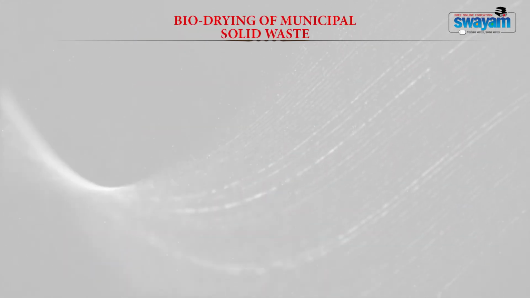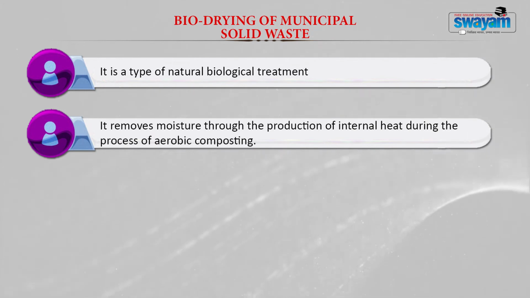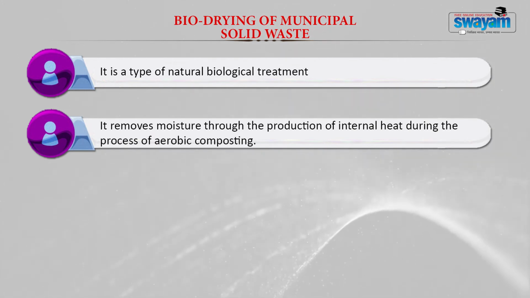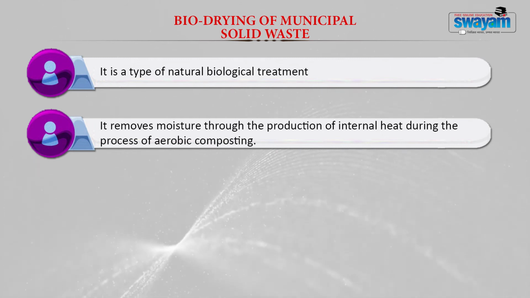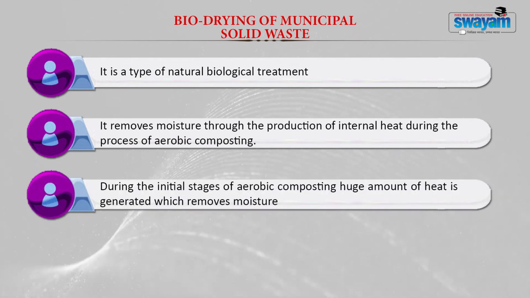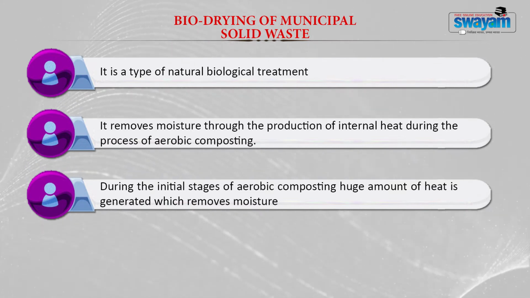First is bio drying. Bio drying of municipal solid waste is a natural biological treatment. Here the moisture is removed through internal heat that is generally generated during aerobic composting. In an aerobic process, the degradation is much faster and a huge amount of heat is generated.